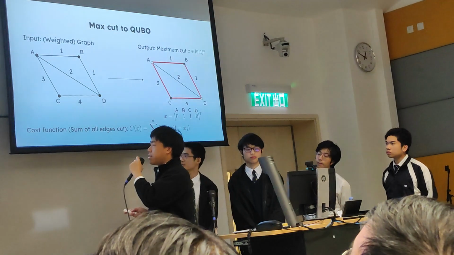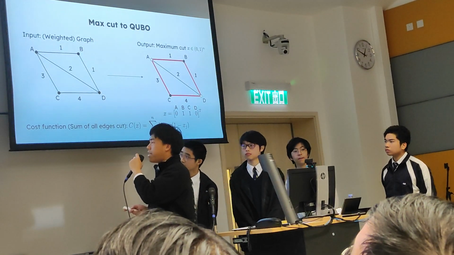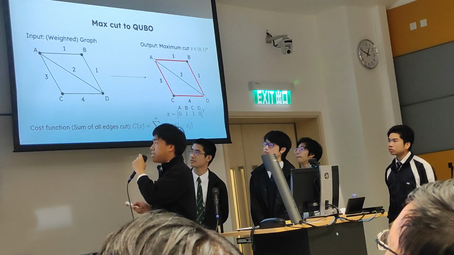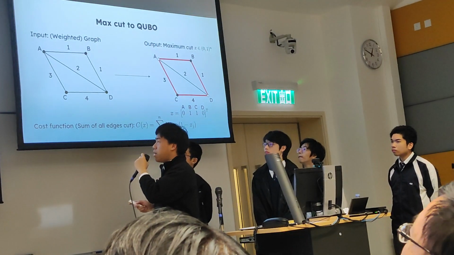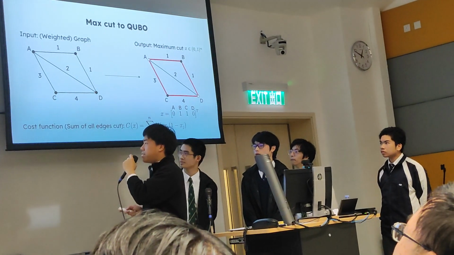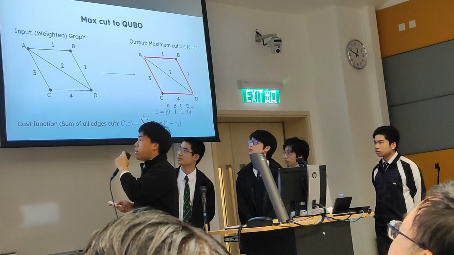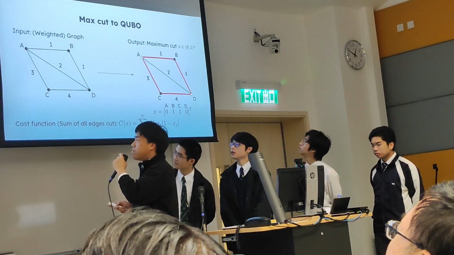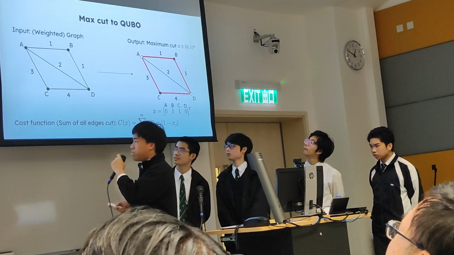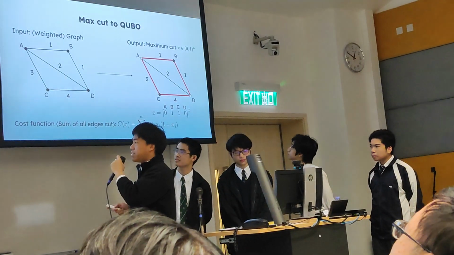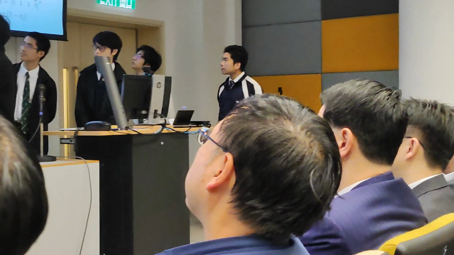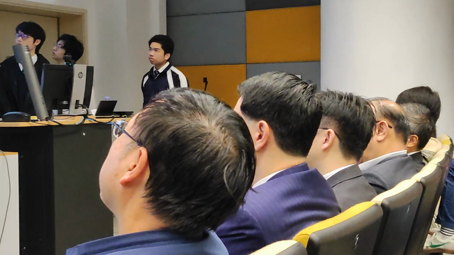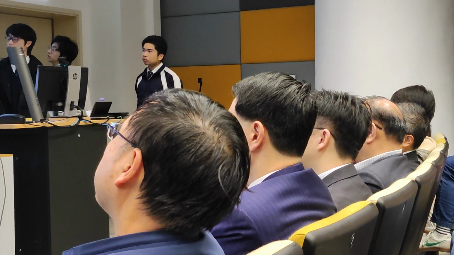And you can see here, A and D have a value of 0. That means they're in the same group, so they're labeled as white vertices, and B and C are another group. And so the edges between 2 different groups of vertices are cut. So here, 4 of these red edges are cut because they're connecting different groups of vertices.